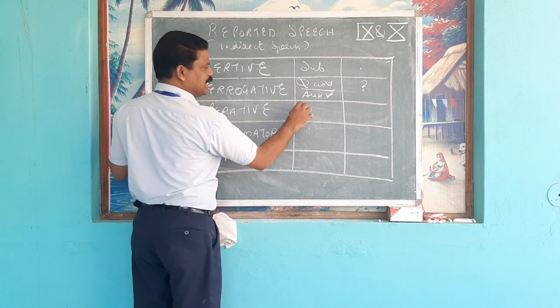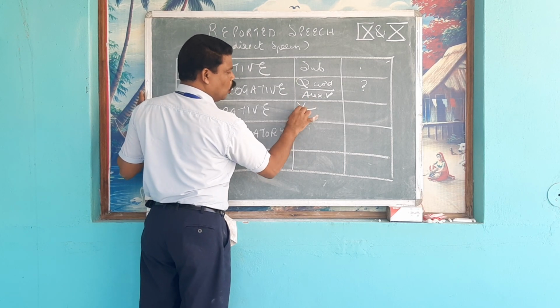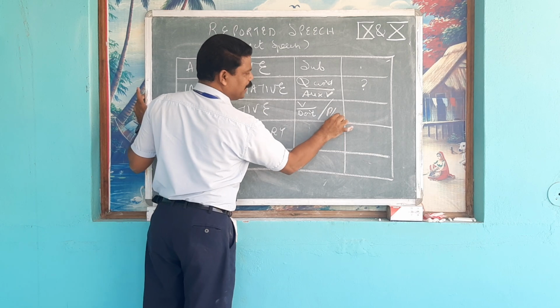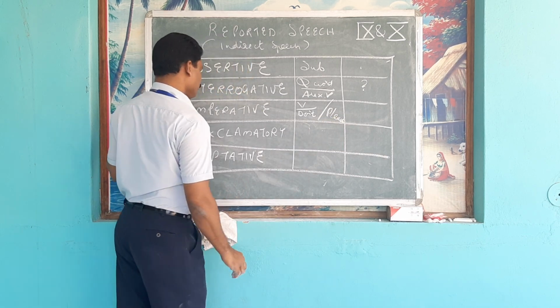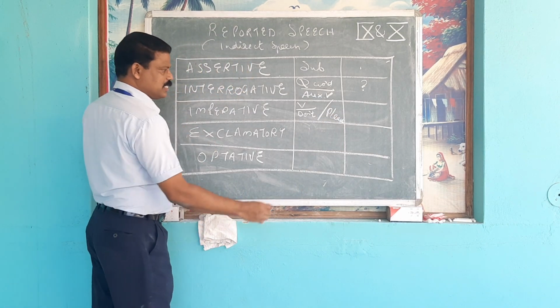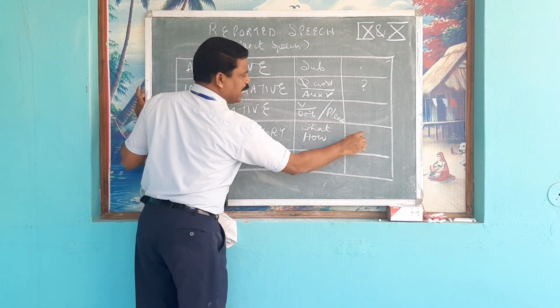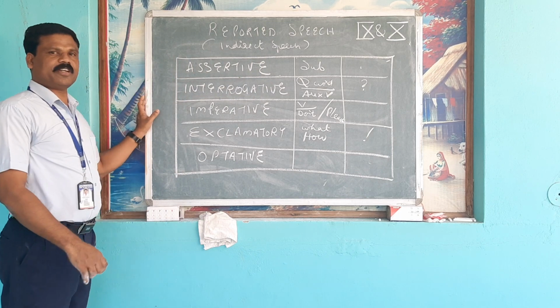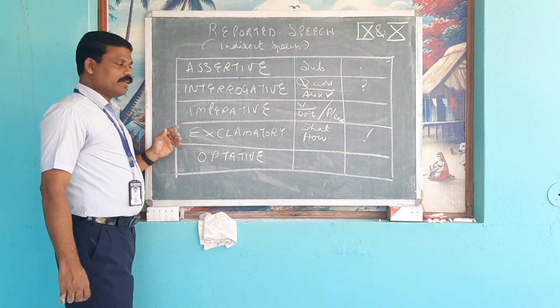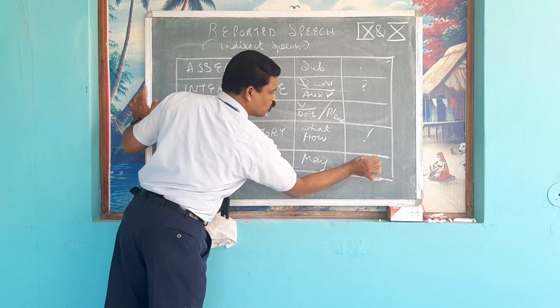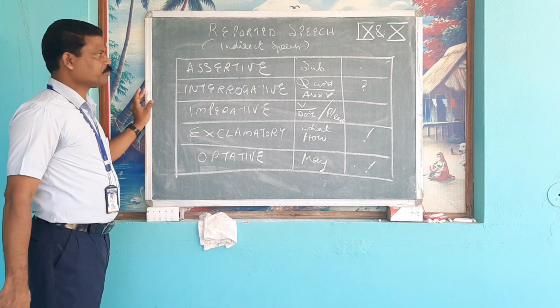Imperative sentence starts with a verb or don't, otherwise we can see the presence of please in the sentence. Exclamatory sentence starts with what or how and ends with an exclamation mark. Optative sentence starts with may and ends with either a full stop or an exclamation mark.